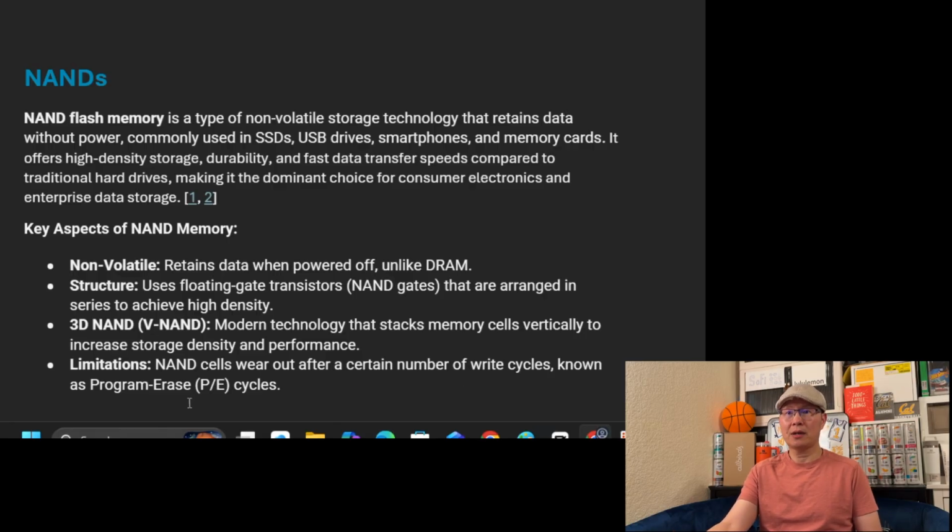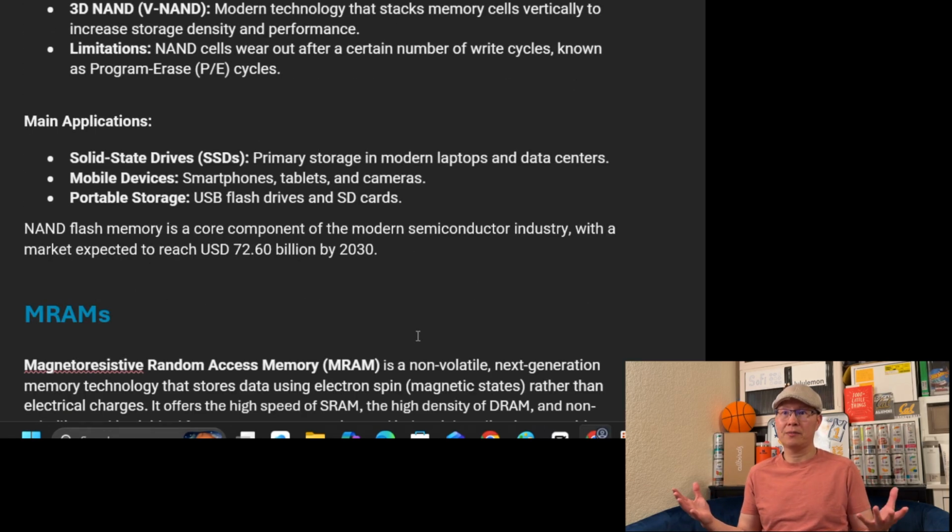Main application: solid state drives. Our computers and laptops nowadays have 2 TB SSDs. They become our primary storage in our laptops, PCs, and data centers. Mobile devices: smartphones, tablets, and cameras.